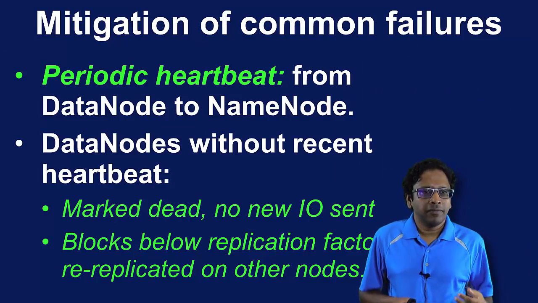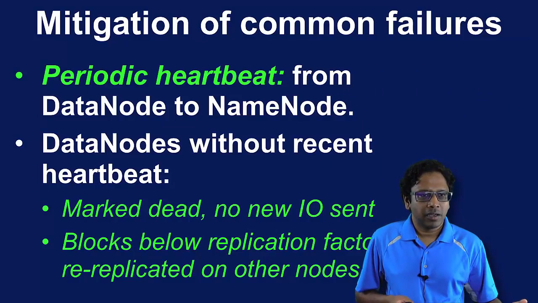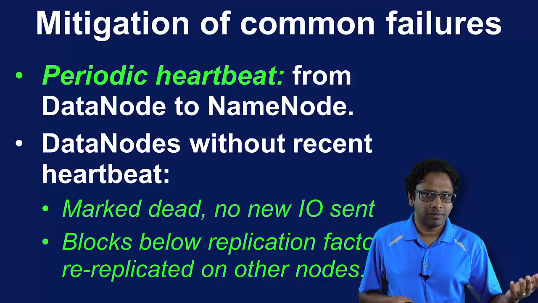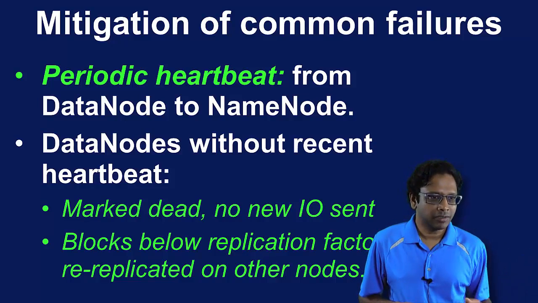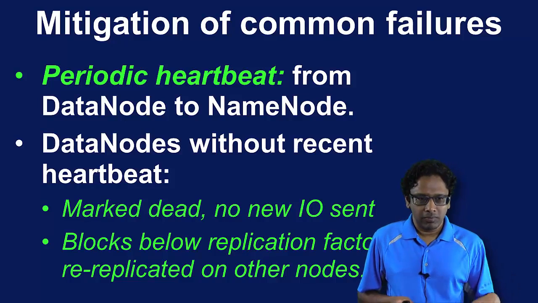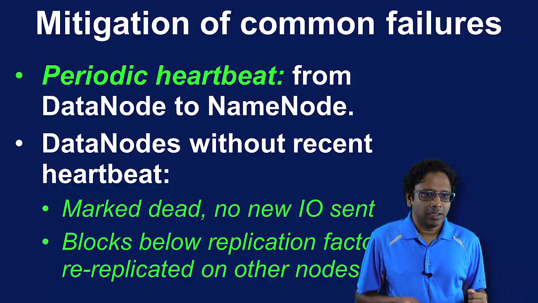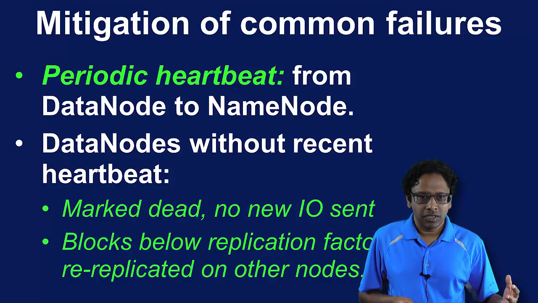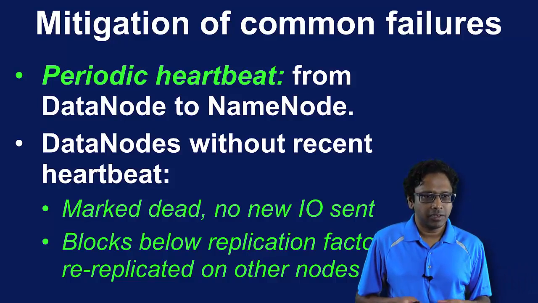So if this periodic heartbeat stops for some reason from a particular data node, there's a timeout period essentially, and if the name node doesn't receive a recent heartbeat, it will mark the data node dead. And any new I/O that comes up is not going to be sent to that data node.